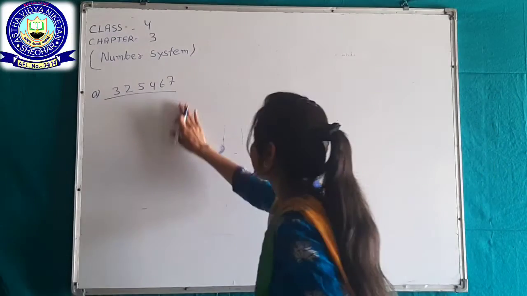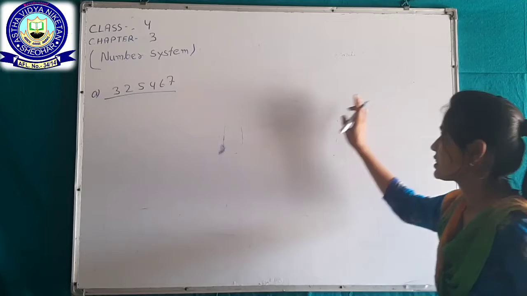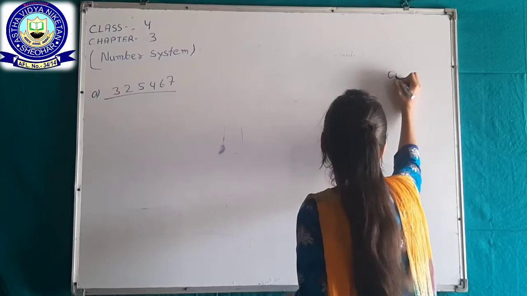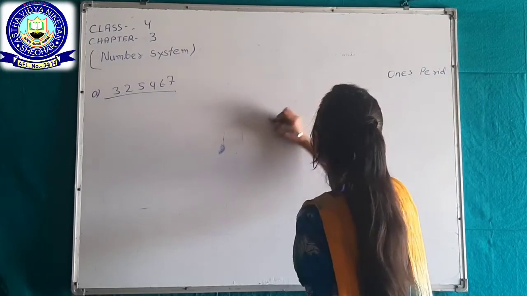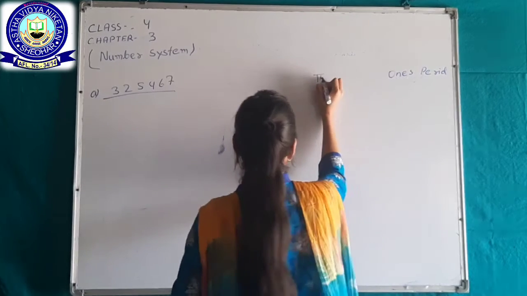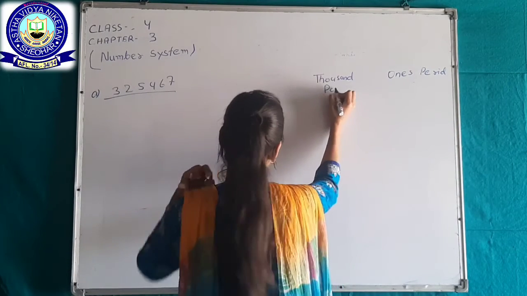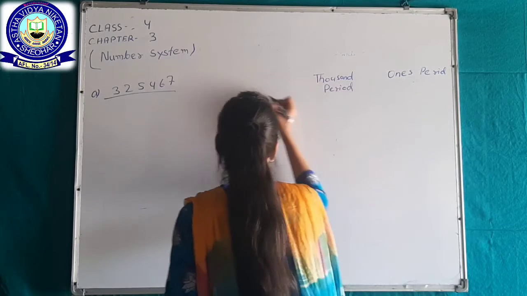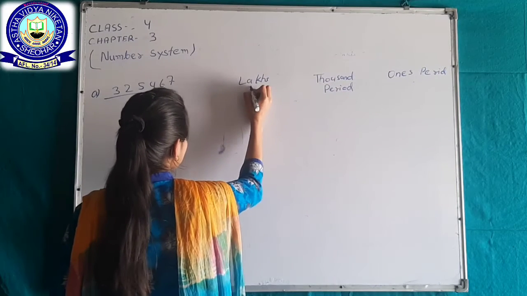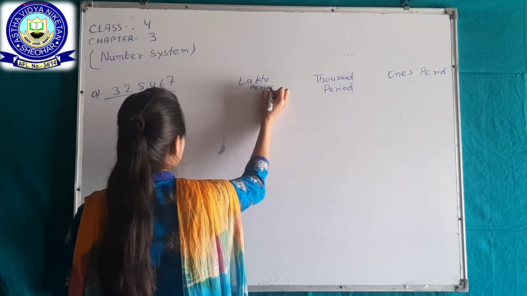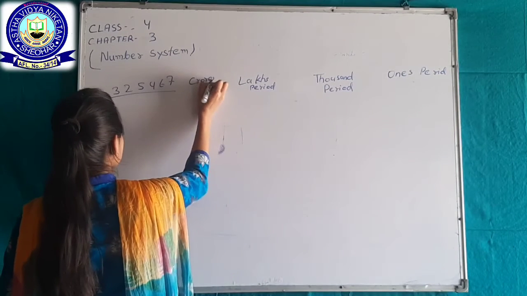In the Indian place value chart there are 4 periods: ones period, thousand period, lakhs period, and crores period.